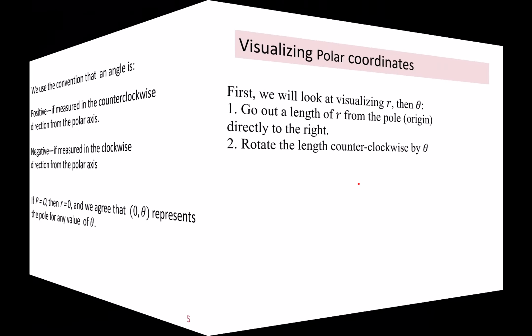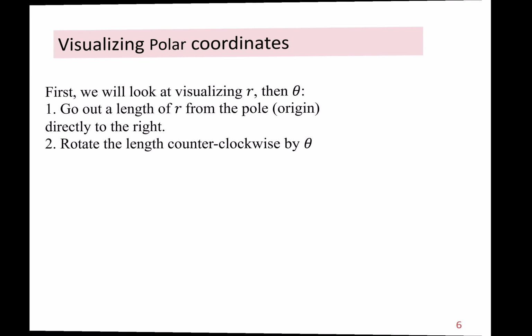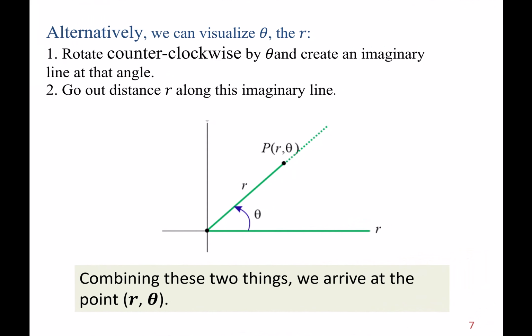Now, how do we visualize the polar coordinate system? Take a look at this example. This is our initial ray, this is our r, which is the distance, and this is the angle.